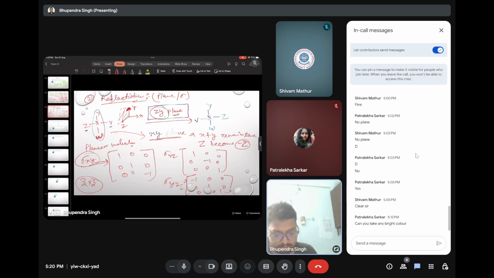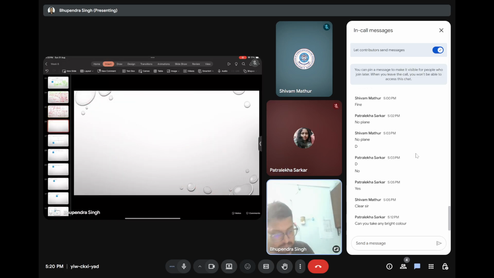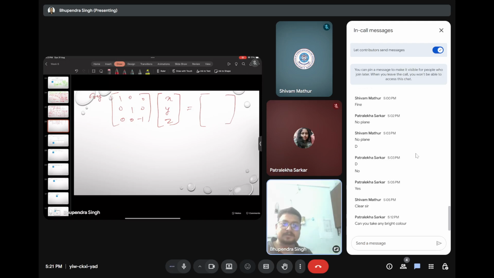Now, let's say I am considering the same plane, sigma xy. So what will be the transformation? 1, 1, minus 1, 0, 0, 0, 0, 0. Bases are coordinates. So what will be the new basis? You know how to do the multiplication. It is like 1 multiplied by x plus 0 multiplied by y plus 0 multiplied by z.